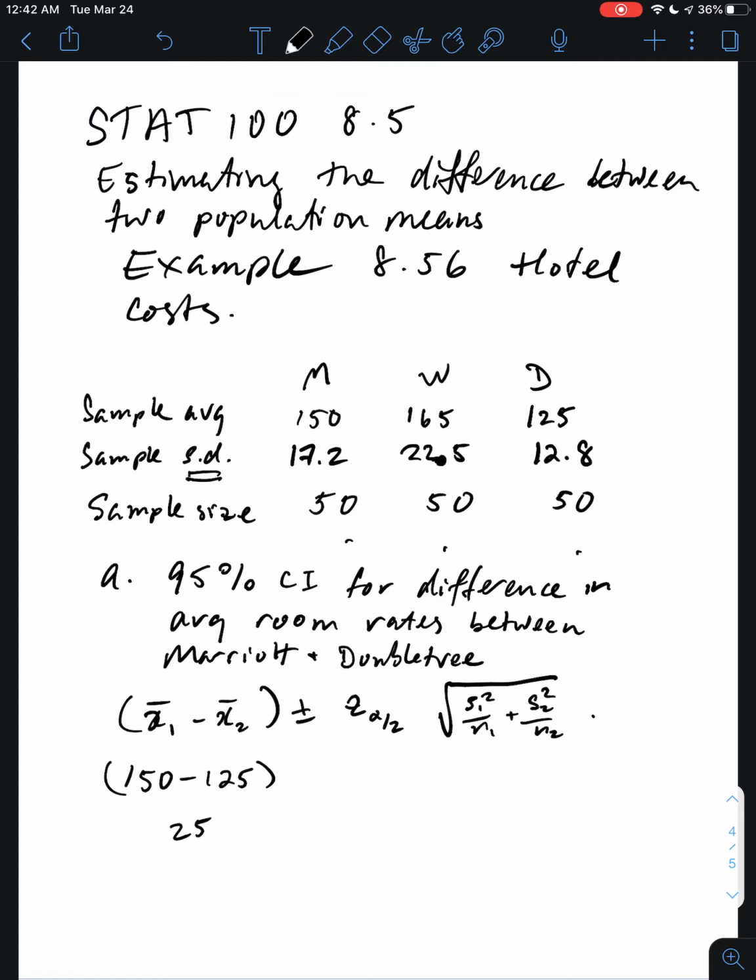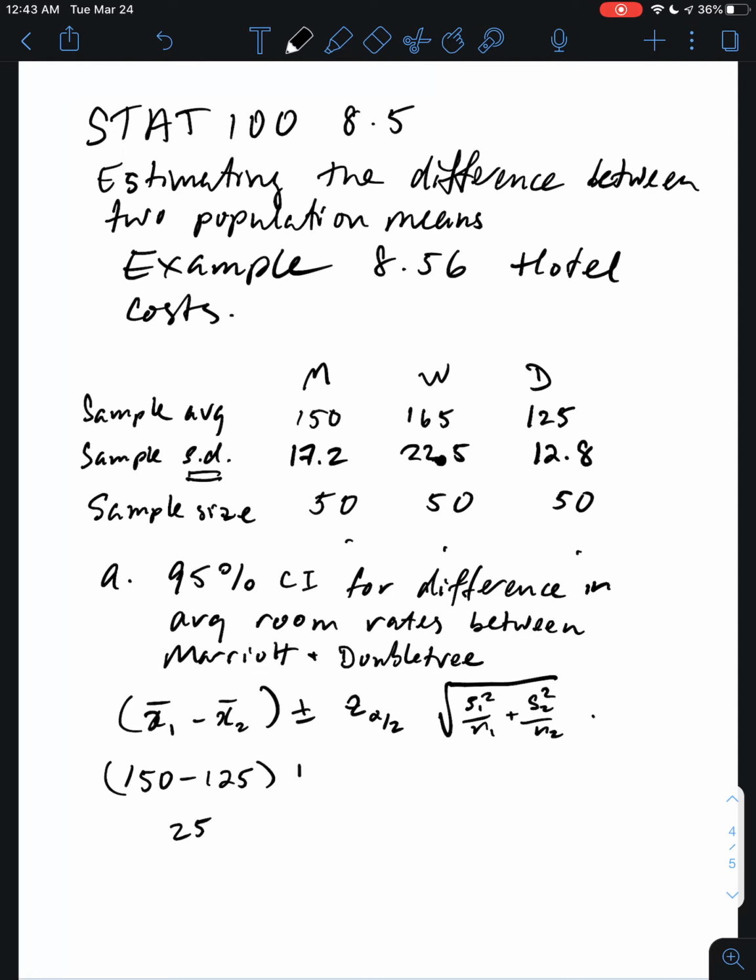That's our point estimator. That's our best guess for a single number that would represent the difference between the Marriott and the DoubleTree. However, we know that that's not enough, so we've got to put either a margin of error around that, or we've got to build our correct confidence interval, which is the more sophisticated way of thinking about this.